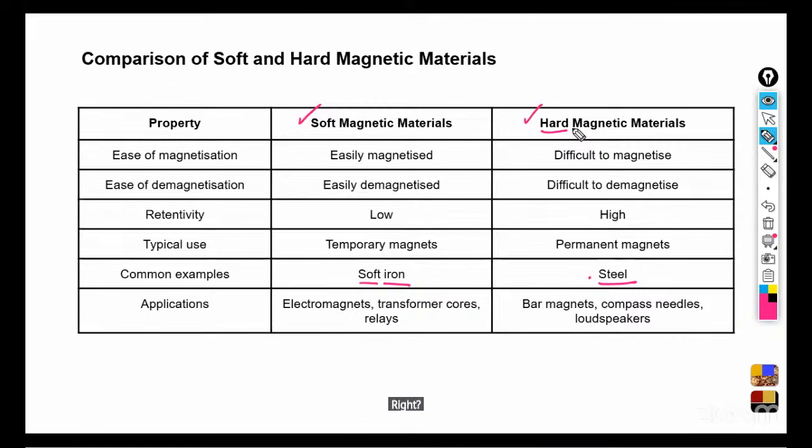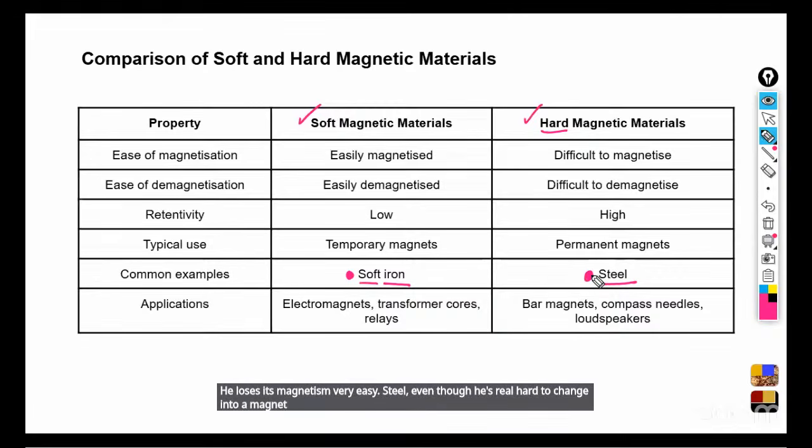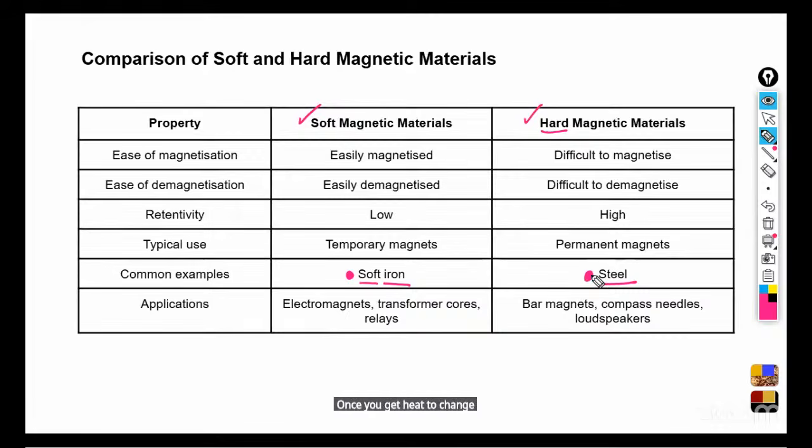But here's the trade-off. Even though iron is easy to change into a magnet, it loses its magnetism very easily. Steel, even though it's really hard to change into a magnet, once you change it into a magnet, it will retain its magnetism for years, not 5 minutes like iron.